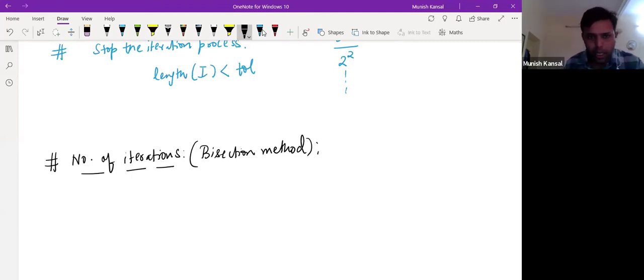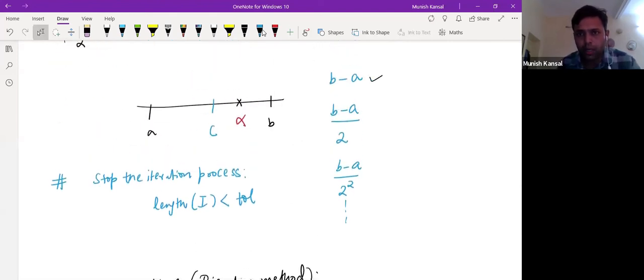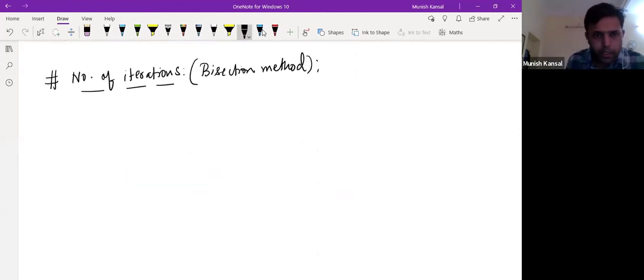So this is applicable for bisection. What it says is that, let us say I have written over here that at the first stage the length of the interval is b minus a, then (b minus a) by 2, then (b minus a) by 2 squared, and so on.